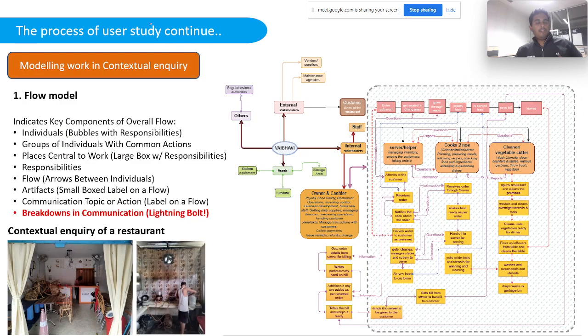Okay, so what will we do after we conduct a contextual inquiry? How will we capture the information? The next thing you do is use modeling techniques to capture the information. Generally, when we go for an interview in real time, we cannot capture all the information, so we choose some means of capturing it, like taking notes, capturing images, or if possible capturing videos.